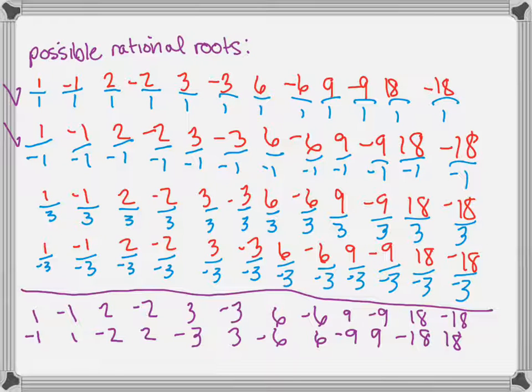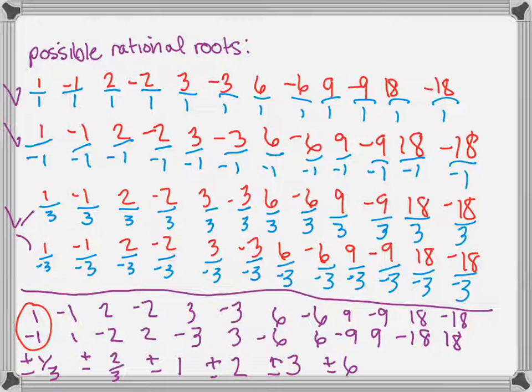And our third and fourth rows will simplify to plus or minus 1/3, plus or minus 2/3, plus or minus 1, plus or minus 2, plus or minus 3, and plus or minus 6. So now we need to figure out which ones are different.